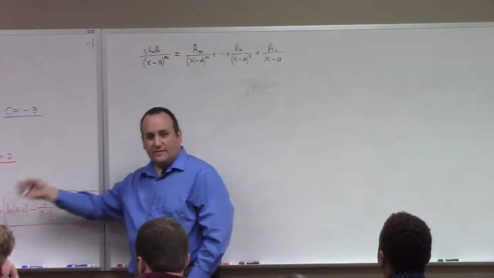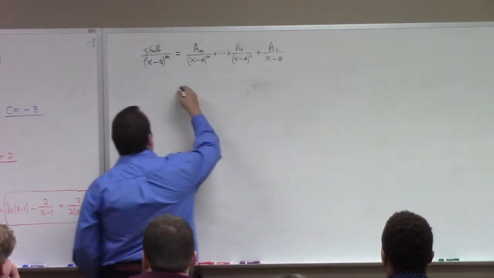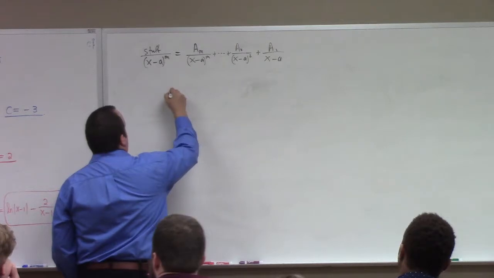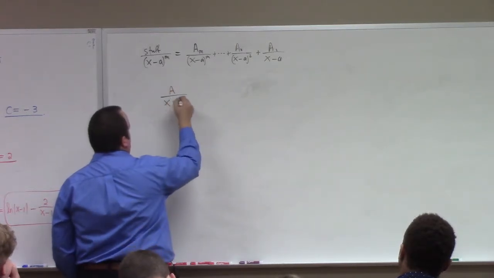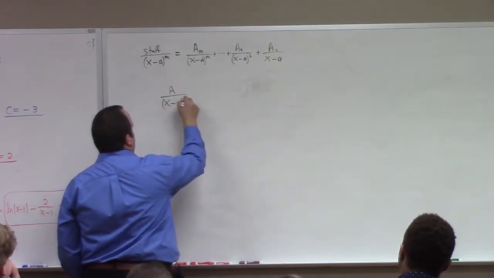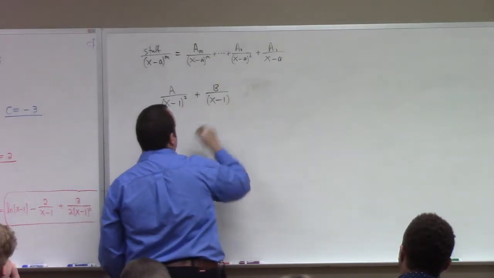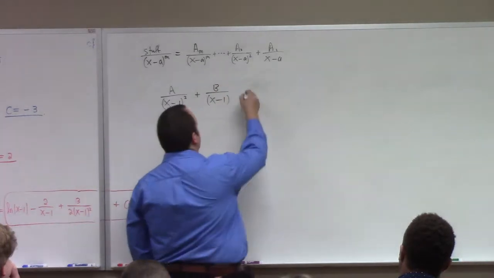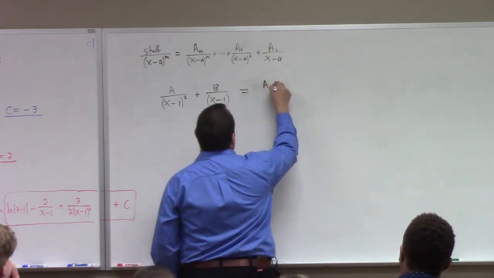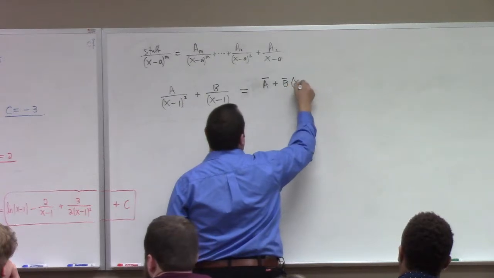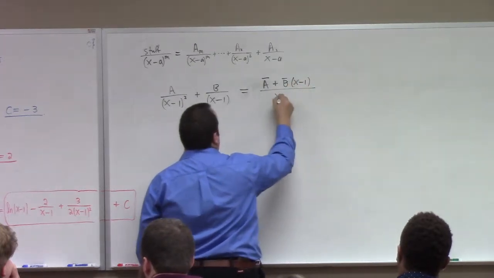I mean, it may be the case that, hypothetically, if we're looking at a over x minus 1 squared plus b over x minus 1, right? Can I rewrite this as a bar plus b bar times x minus 1 over x minus 1 squared, right?